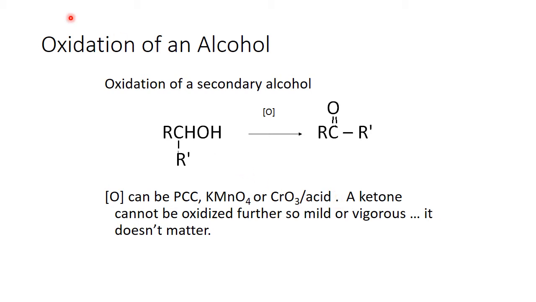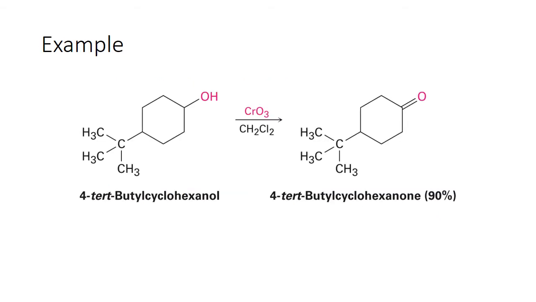The only thing you would have to worry about is the other functional groups on the compound. For instance, if there's an alkene in there, potassium permanganate would destroy the alkene. If there was a functional group sensitive to acid, you wouldn't want to use chromic acid. So there are times you would not want to use these, but you do have some variability, some selection.